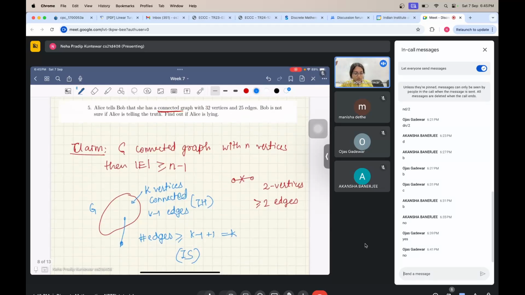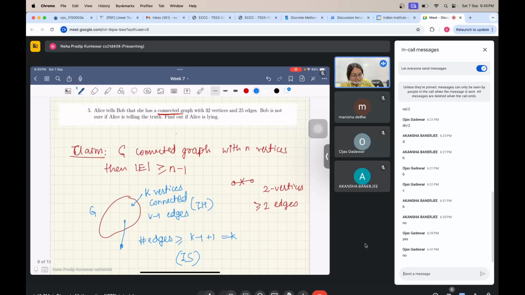Right. So using that, now you know that n is 32 and you have a connected graph. Therefore the number of edges must be at least 32 minus 1, which is 31, which is clearly more than 25. So Bob cleverly uses this idea that in a connected graph with n vertices, the number of edges is at least something.